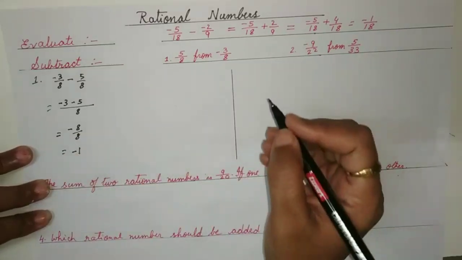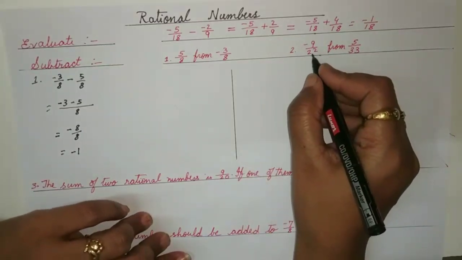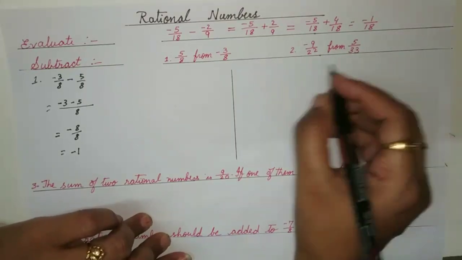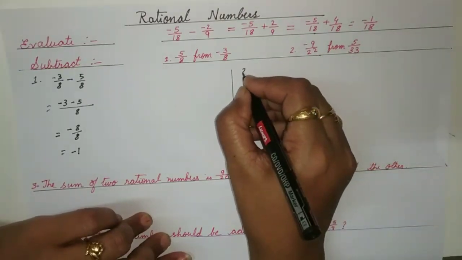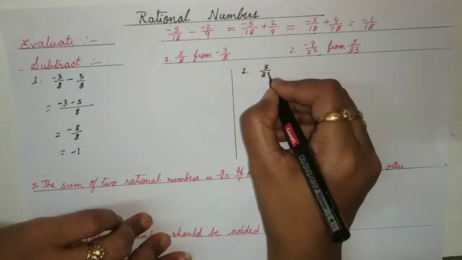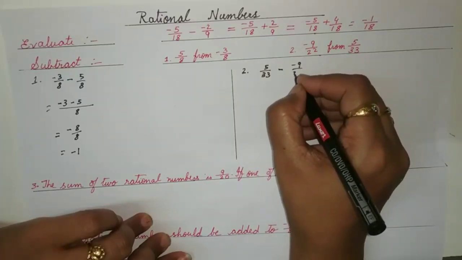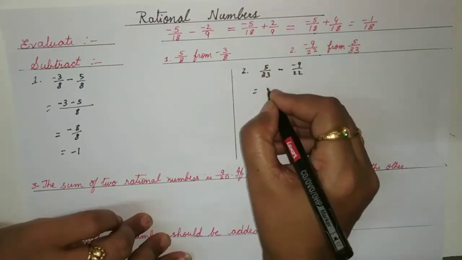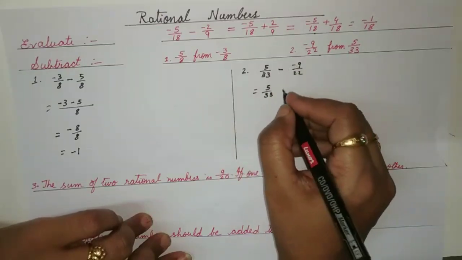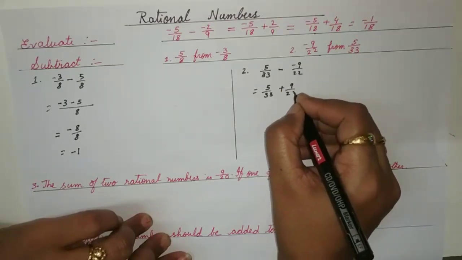Okay. The second question is: subtract minus 9 by 22 from 5 by 33. So we write it here for number 2. It is 5 by 33 minus 9 by 22. So you get 5 by 33 minus and minus, 5 plus 9 by 22.